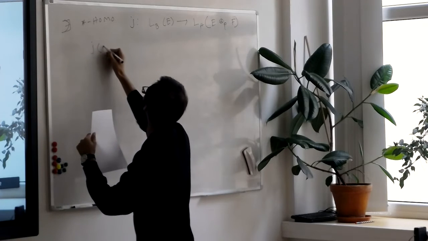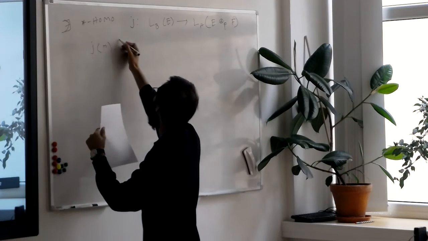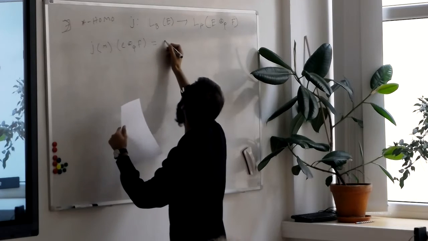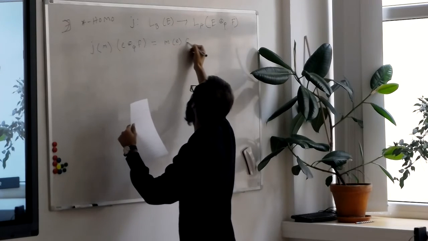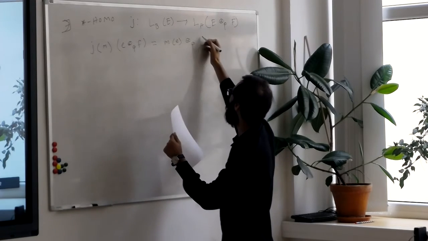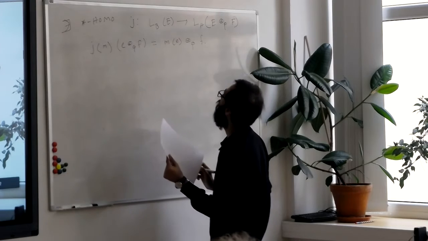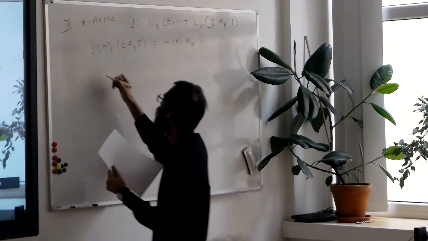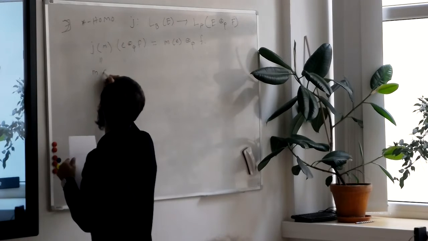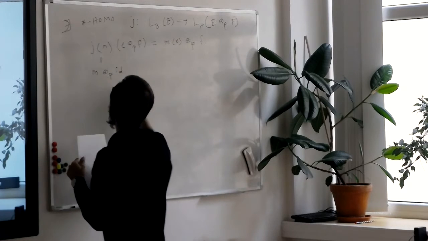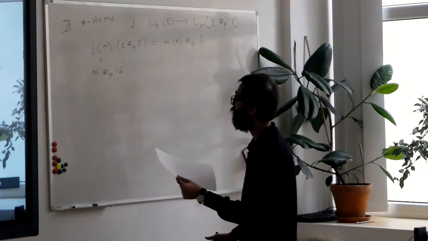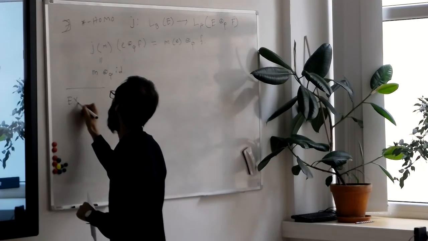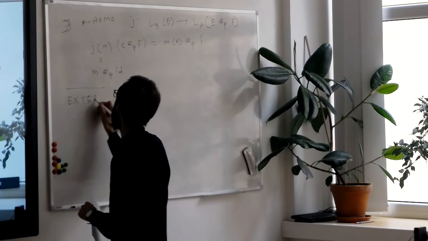What is that? Take an adjointable M and apply it on an element: apply M on the first component and leave the remaining part as it is. And J(M) is usually written as M tensor over phi with identity. That's it.